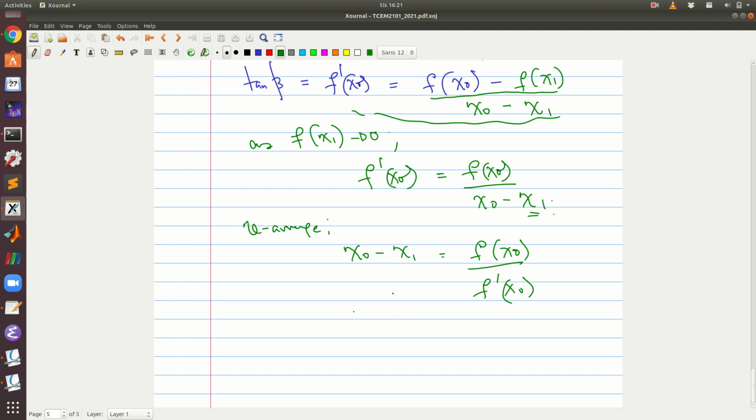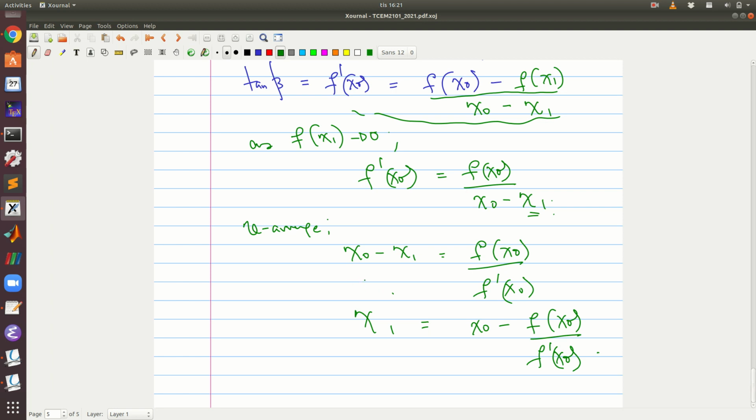And then we can make x1 the subject, and we write it as x1 equals x naught minus f of x naught over f dash of x naught.